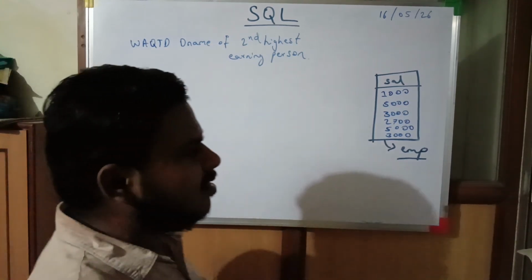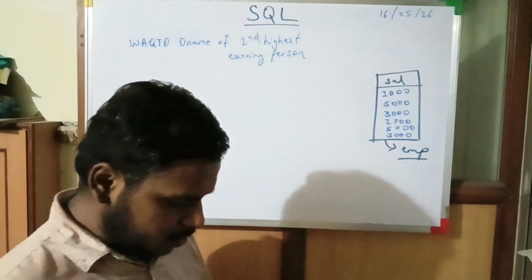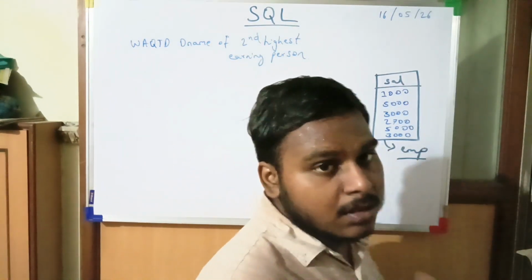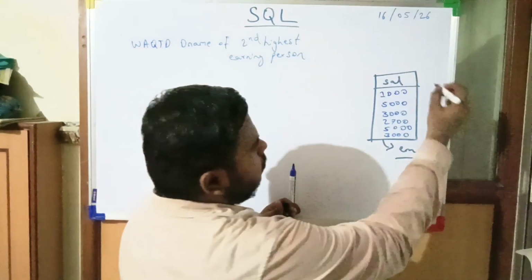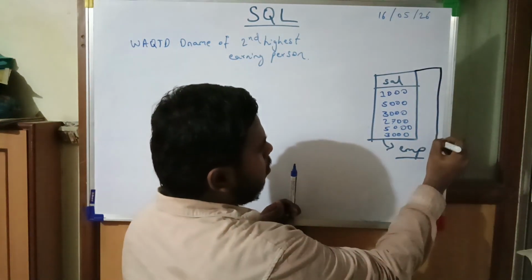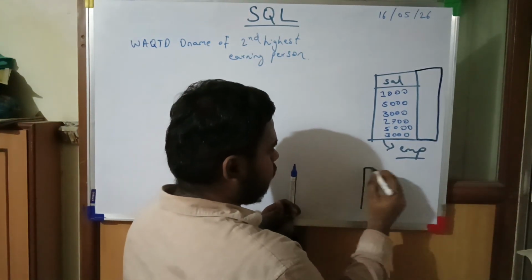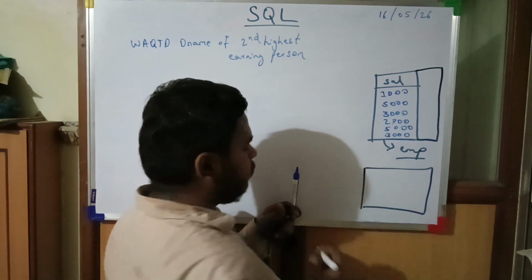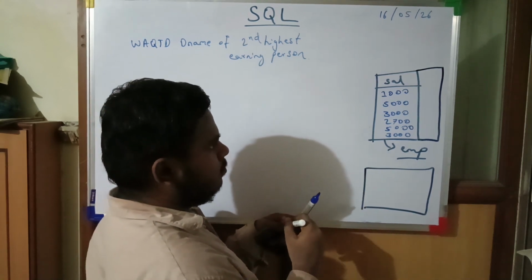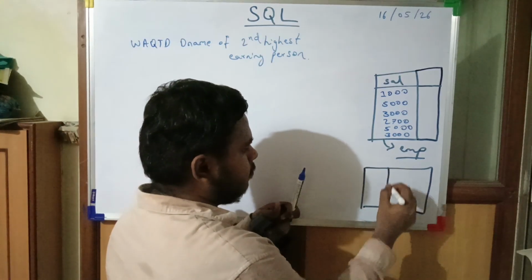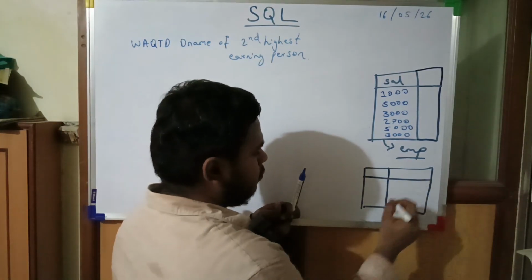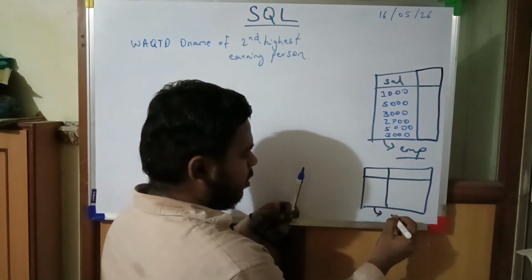Now, if you look at the table, the data is insufficient. But we practice with the EMP and DPT tables in Oracle. So for instance, here I am adding the records. Sorry, let's take the data. It's the DPT table.